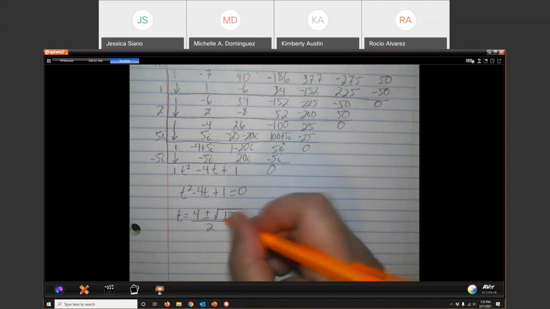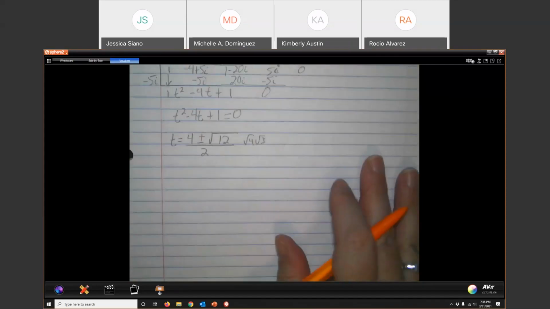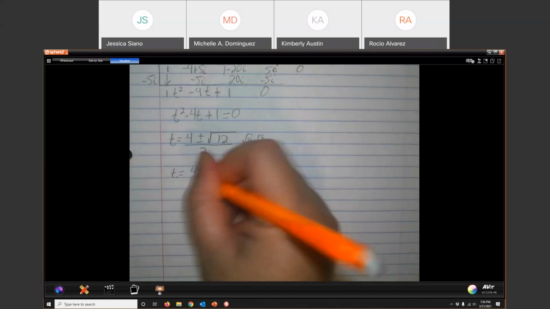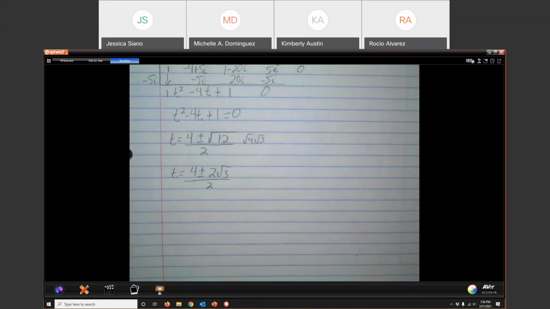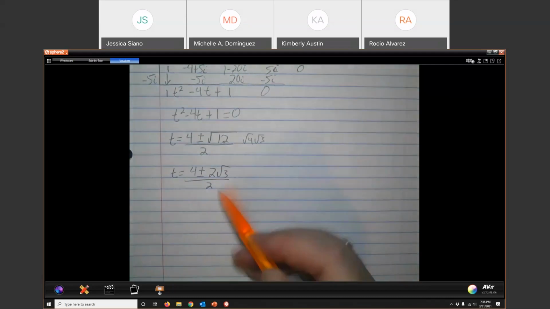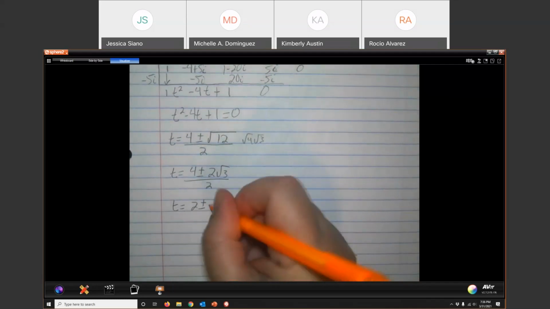And then 12 reduces: 12 is rad 4 times rad 3. So that would be 2 rad 3 over 2. We're going to divide everything by 2, so we'd be left with 2 plus or minus rad 3.